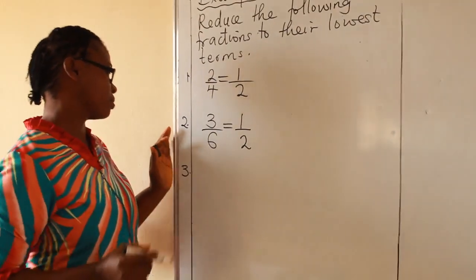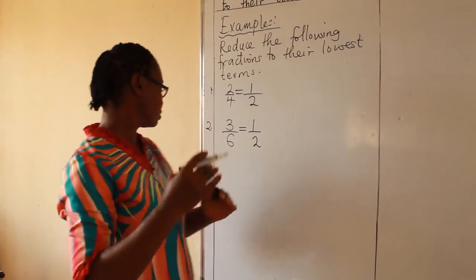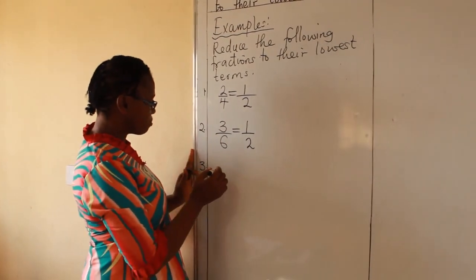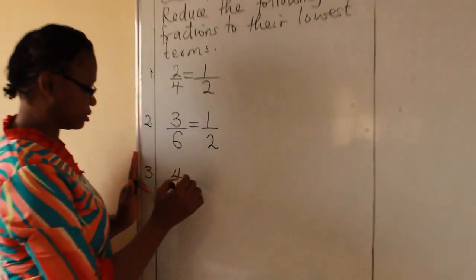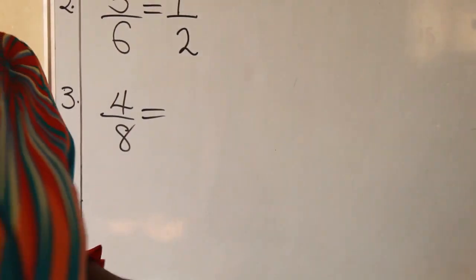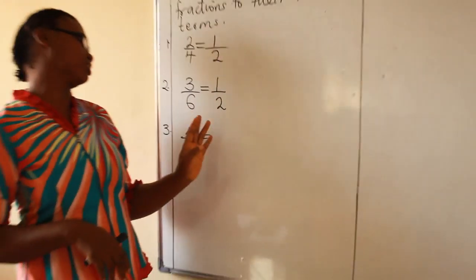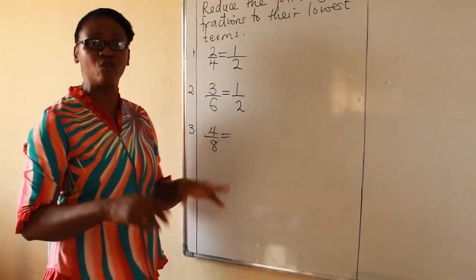Number 3, gradually I am making the numbers get bigger. Number 3, I want to take 4/8. Somebody will be asking, can I say how many times will you see 4 in 4?